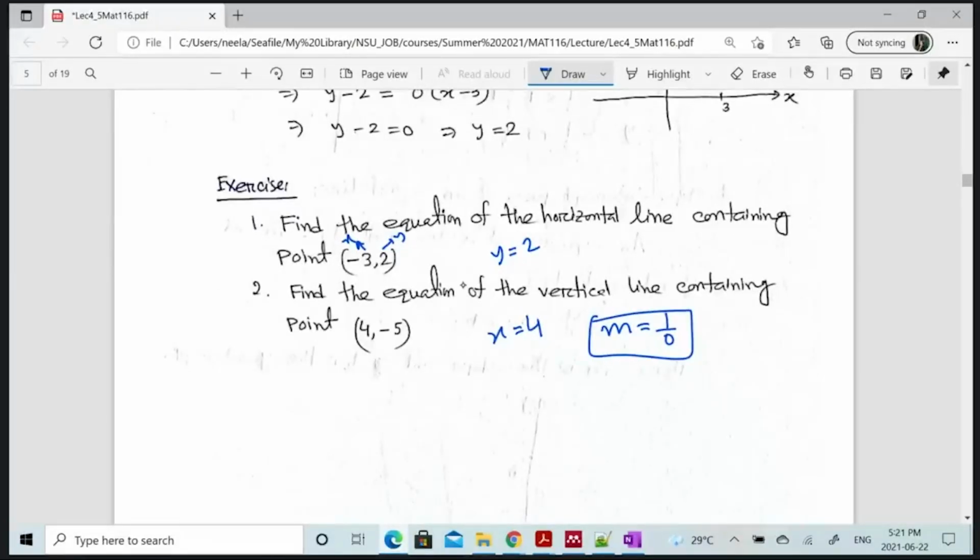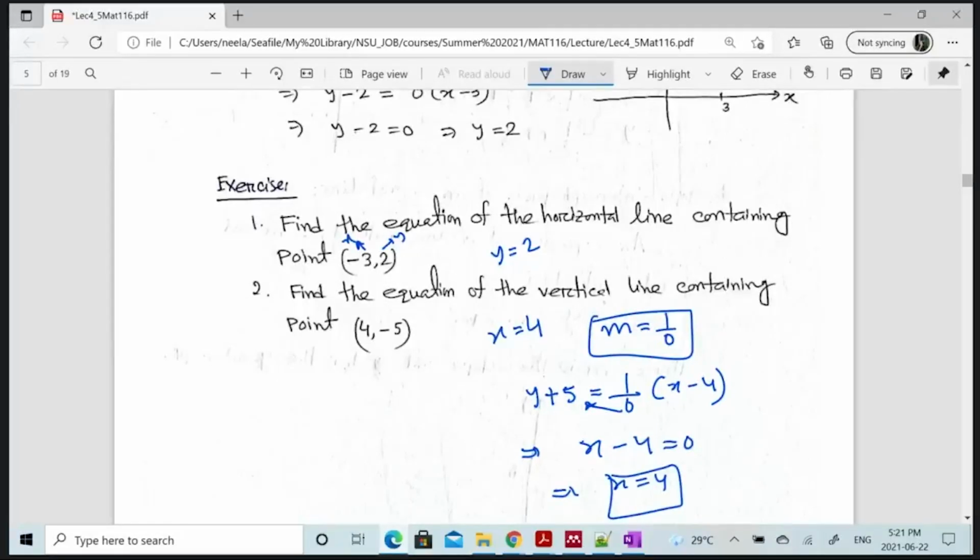And if you do it, you are gonna get y plus 5 equal to 1/0 of x minus 4. So the left hand side will go to 0 if you do cross multiplication. Then you are gonna get x minus 4 equal to 0, so x is gonna be equal to 4. This is how to do it; we were doing the vertical line. So x equal to 4.